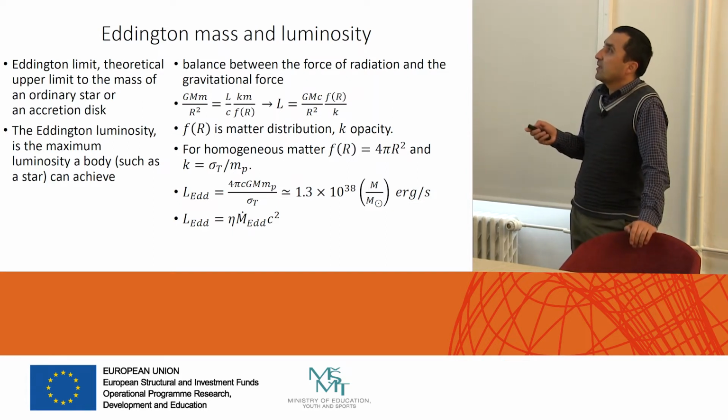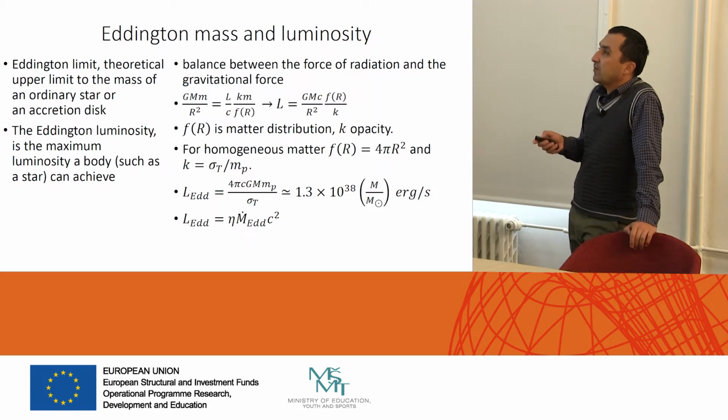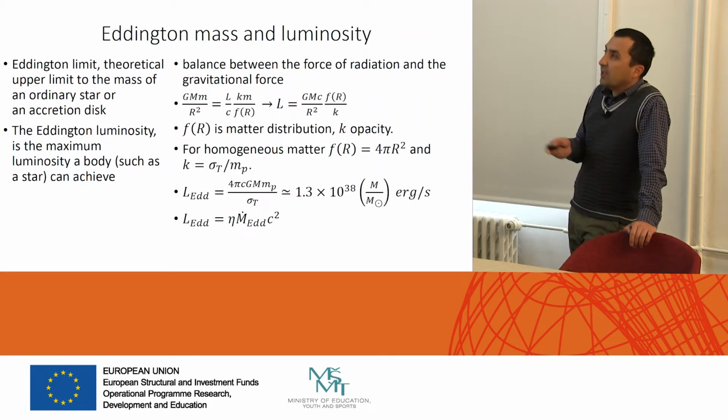This is equal to 4 pi r squared, and from here we can extract it. We put 4 pi r squared here, this is the mass of the proton, and this is the Thomson scattering cross section, which we can get from tables, and it is a constant.